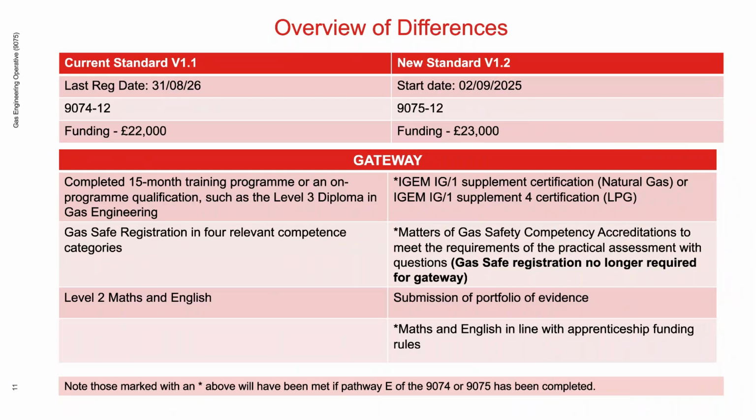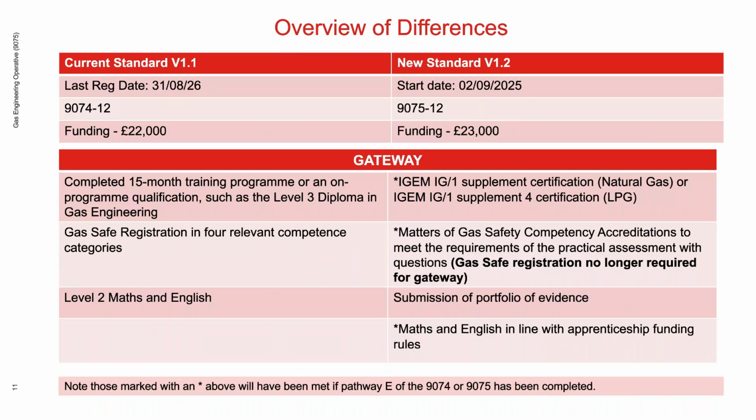Looking at Gateway, so the original version 1.1 must have completed a 15-month training program or an on-program qualification such as the level 3 diploma in gas engineering, Gas Safe registration in 4 relevant competence categories, and level 2 maths and English.